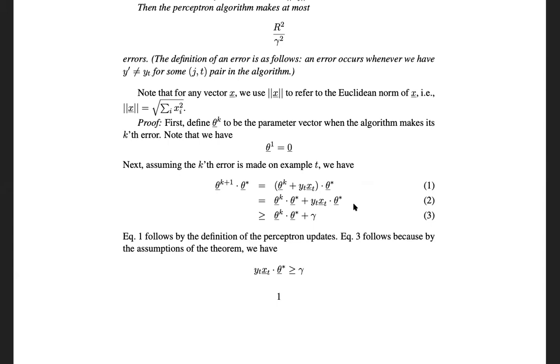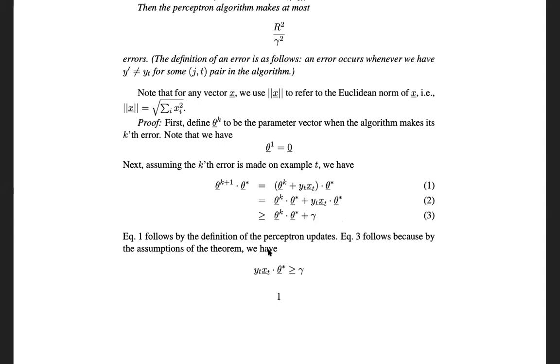So we can define gamma as the infimum of y_t x_t theta star. By our definition, theta star is such that y_t x_t theta star is greater than 0, and since there are a finite number of points, the infimum has to be greater than 0. So gamma has to be strictly positive, right?